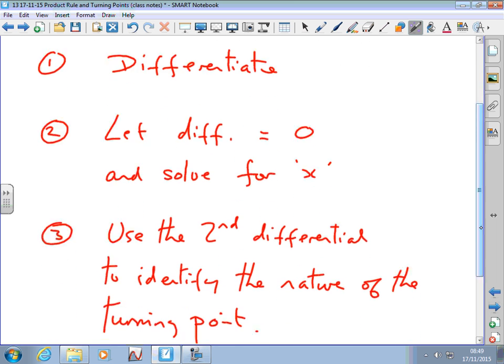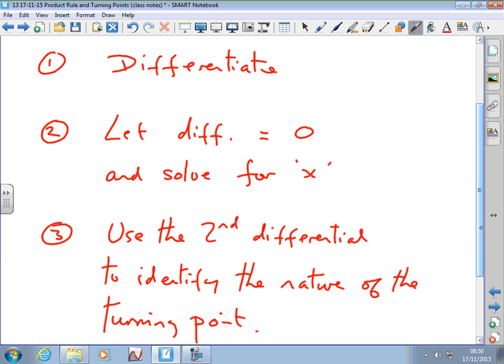So to find the turning point, we differentiate, because that gives us a function for the gradient. Then we let that differential equal 0, because that's when the gradient is 0. That gives us a little equation which we can solve for x.